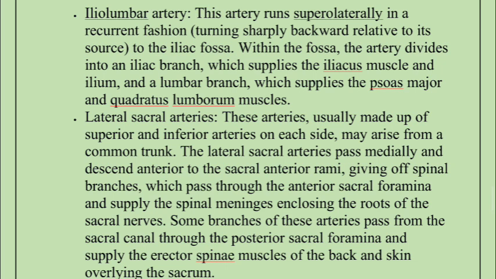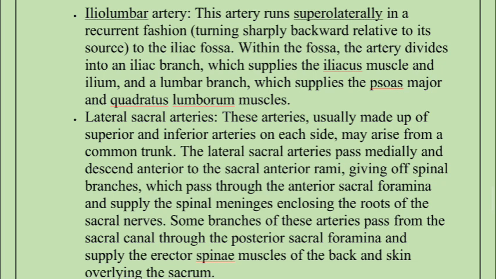So on each side you have the lateral sacral arteries, inferior and what? Superior. And the lateral sacral arteries may actually come from the common iliac artery. So instead of coming from the posterior division of the internal iliac artery, the lateral sacral artery might come from where? The common iliac artery.